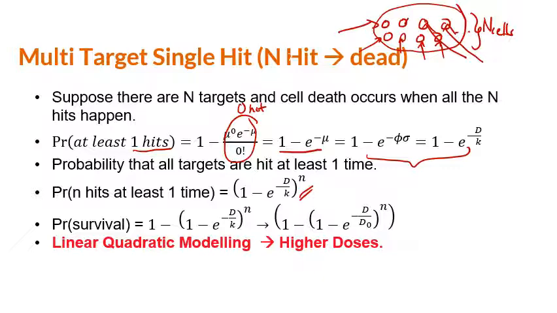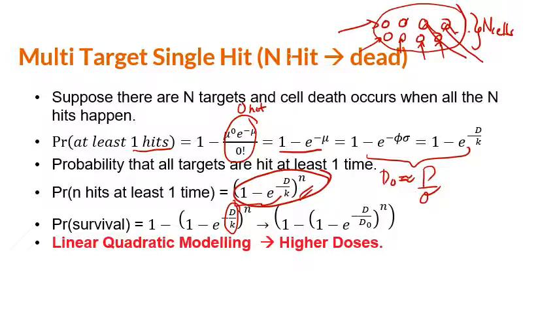Okay, so yung probability of survival is yung hindi natamaan. 1 minus this probability. Ulit pala, yung probability ng survival is yung probability na hindi ito mangyari, itong scenario na ito. So that's 1 minus (1 minus e to the minus D over K) to the N. Recall yung D over K ay ginawa nating D over D0 for some reference dose D0. So yung D0 natin is K over sigma.